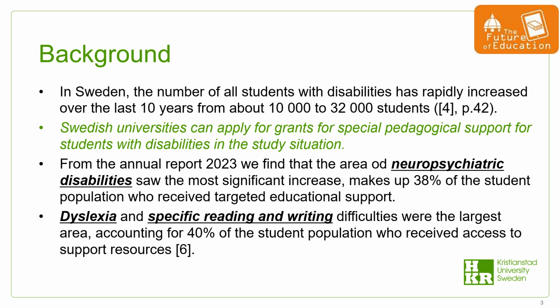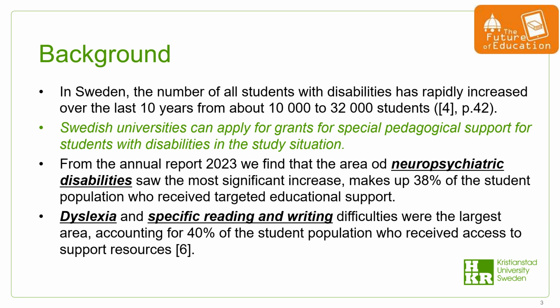In Sweden, the number of all students with disabilities has rapidly increased over the last 10 years. And Swedish universities can apply for grants for special pedagogical support for students with disabilities in the study situation. This is supported by the National Student Disability Support at Stockholm University, which is the national fund for students with disabilities.